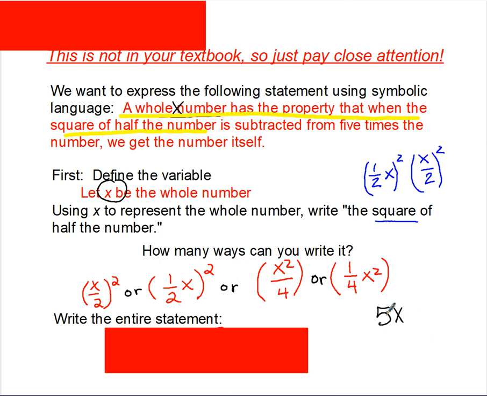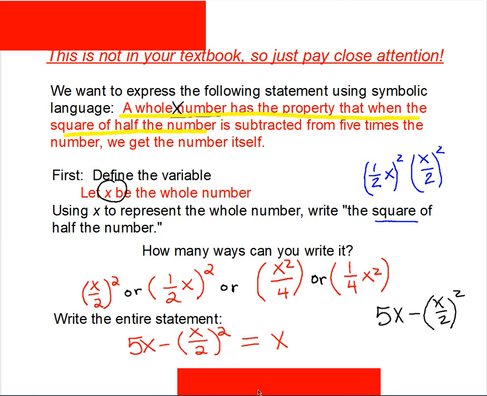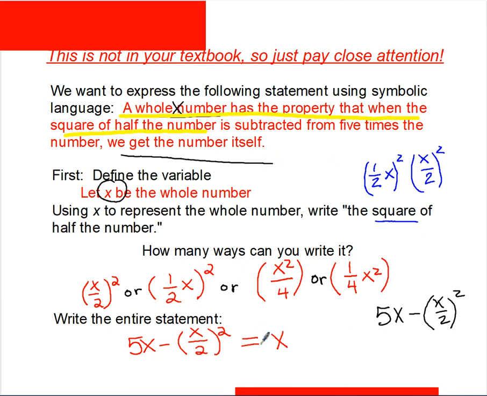We have to have that before we can take something away from it. Here we go. I wrote it 5x minus x over 2 squared equals the number itself. So I wrote equals x.